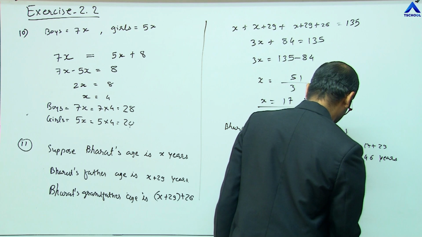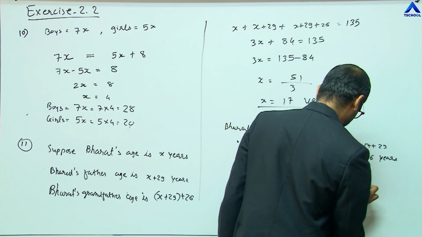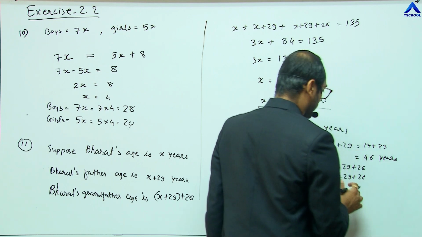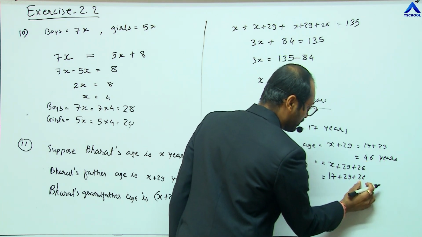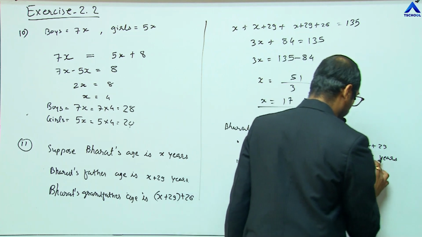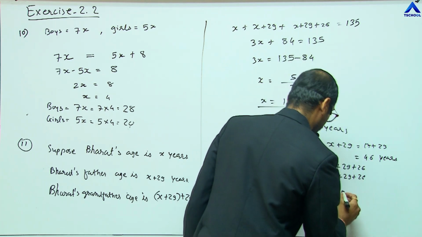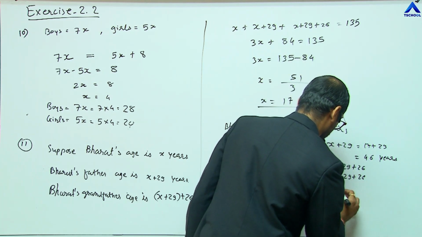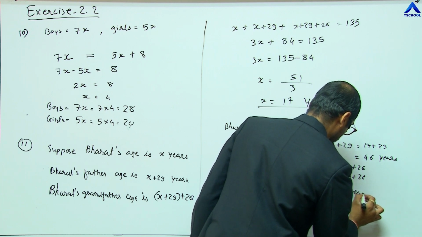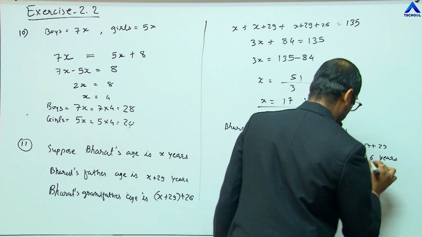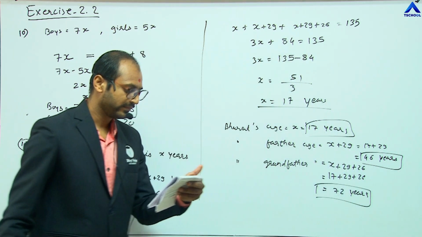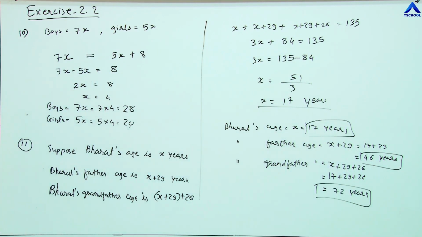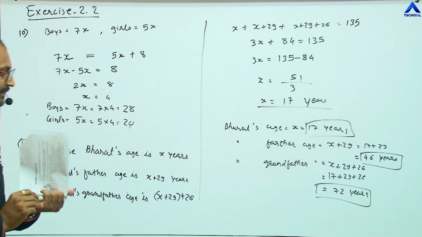What is x here? 17 plus 29 plus 26. Or the simple way, 17 plus 29 is 46, plus 26. So do this addition the simple way. 72 years. So these are the answers of this problem: 17, 46 and 72 years. Clear?